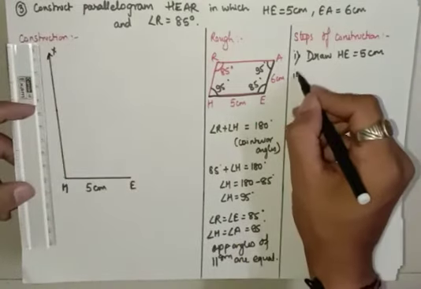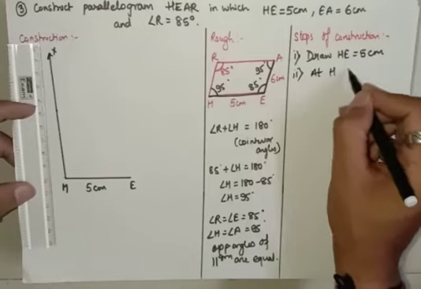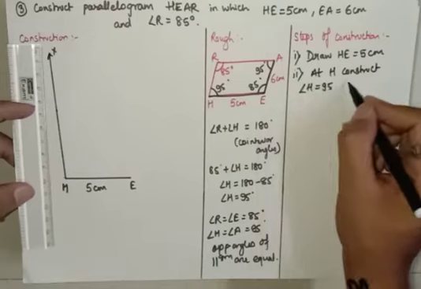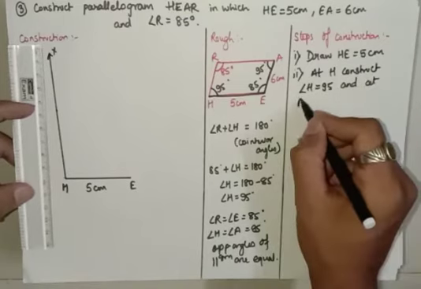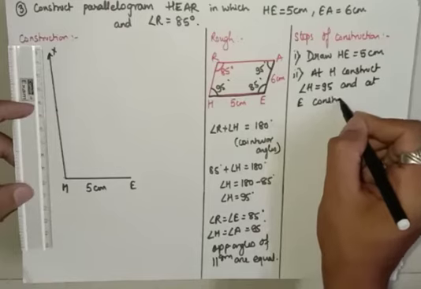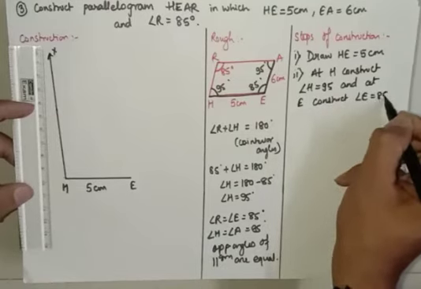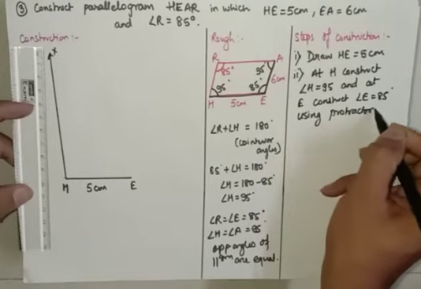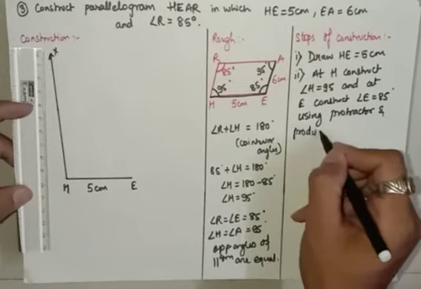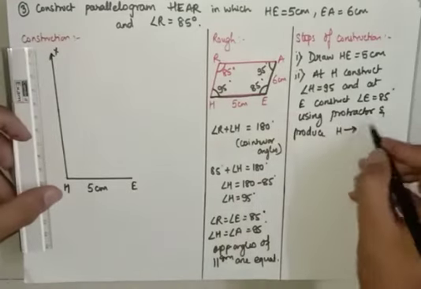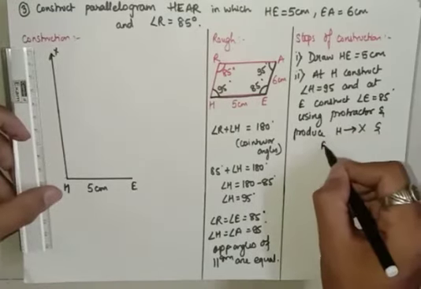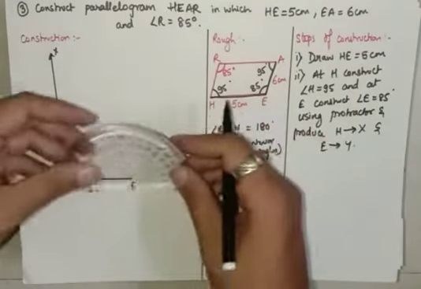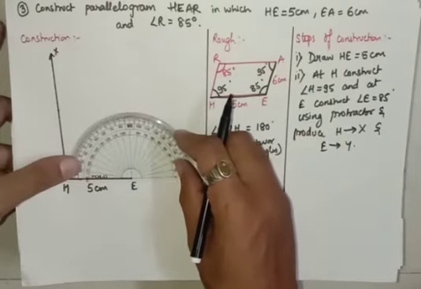So the second point I am writing: at H construct angle H equal to 95 and at E construct angle E equal to 85 using protractor, and produce H to X and E to Y. So at E we have to construct an angle of 85. 85 also will be constructed by the protractor.